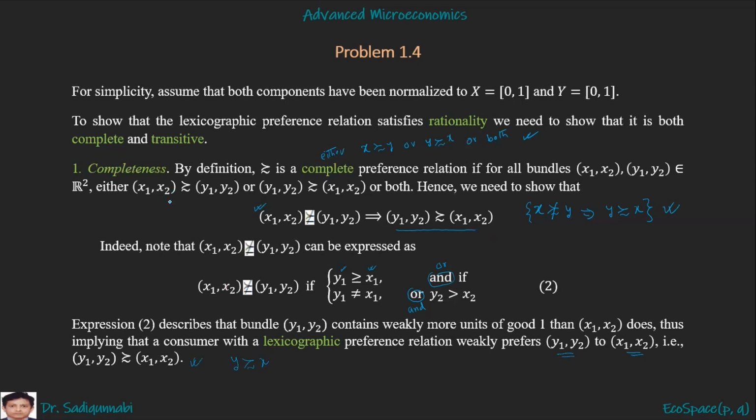By definition, this is also true, and by contrapositive logic, this is also true. So we have seen that either one or the other holds. If any of these properties are true, then completeness holds.